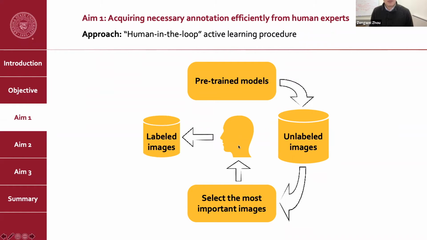Then the annotated images will be merged into the labeled set and used to fine-tune the previous model, and we get the prediction from the updated model again. Then we select the most important images again for annotation. As you can see, this becomes a loop. So it's called human in the loop. The key challenge in this loop is how to select the most important images.